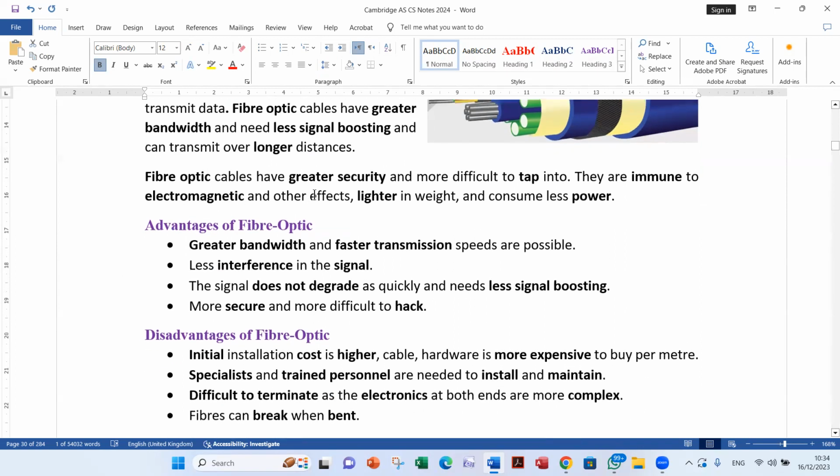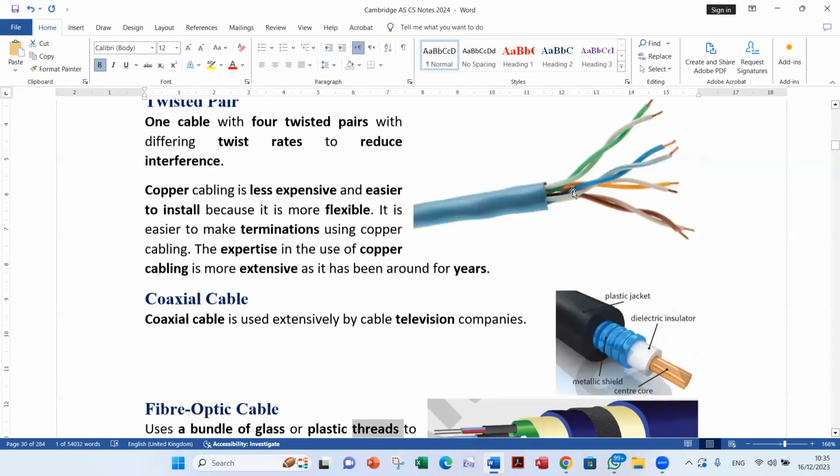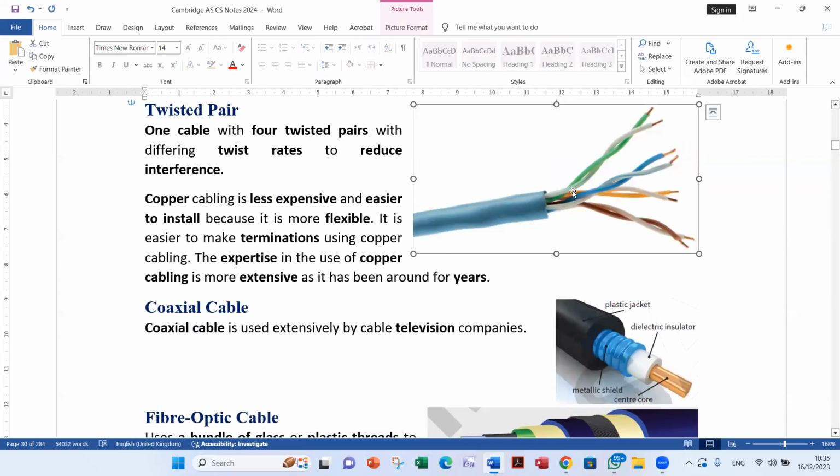Fiber optic cable have greater security and more difficult to tap into. You cannot listen to what data is being transmitted, because if you want to tap into a glass, you break it. So you cannot unwittingly listen to what is being transmitted. They are immune to electromagnets. Copper cables are affected by electromagnet fields.